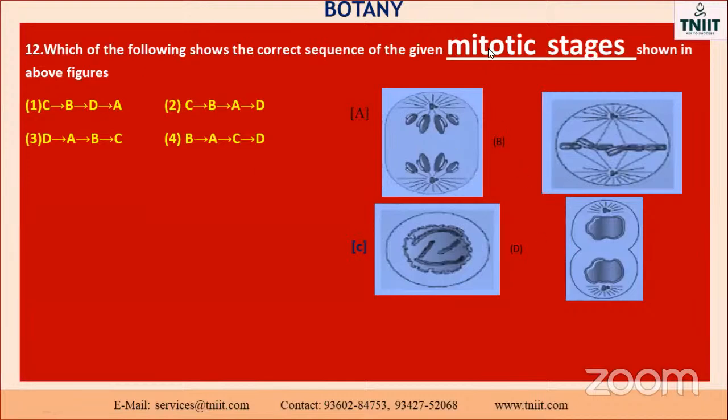Next one, see the diagram. Mitotic stage. Mitotic means one cell divides into two daughter cells, isn't it? This is mitotic, otherwise called somatic. In this category, the first one: all the chromosomes are arranged at the center.